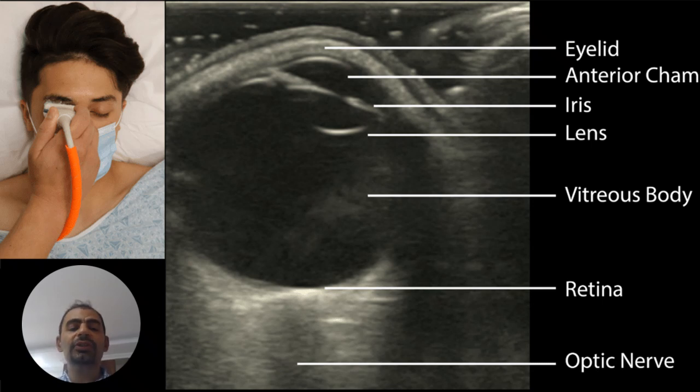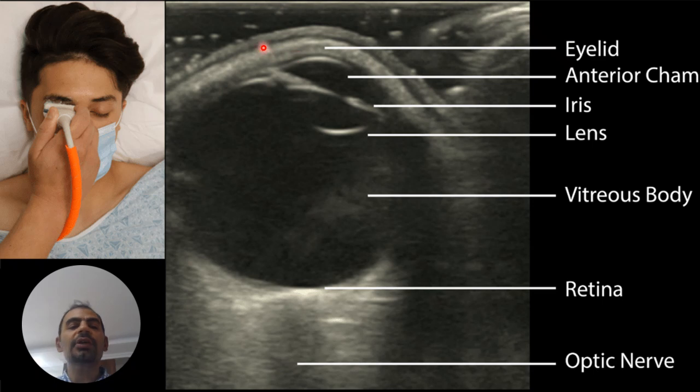It depends on a machine that emits ultrasonic waves. These waves are capable of penetrating the tissues around the eye and the tissues of the eye itself. When they are reflected from the tissues, the machine absorbs them and gives us a representation of what's going on in the eye.